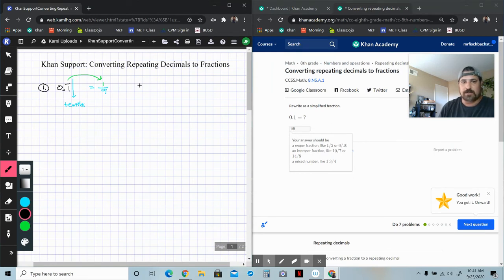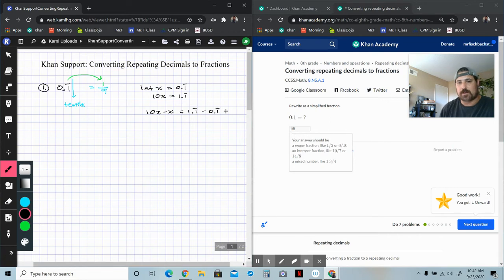And you can see that if you were to, let's say, let x equal the repeating element, 0.1 repeating, then you could say that 10x is going to be equal to 10 times this, which would be 1.1 repeating. And then you can subtract 10x take away 1x, and that's exactly the same as 1.1 repeating take away 0.1 repeating.